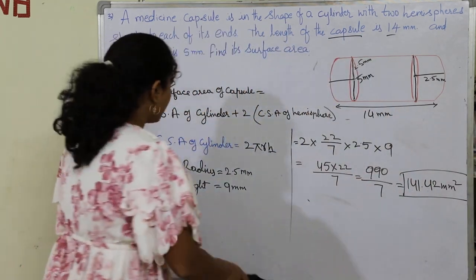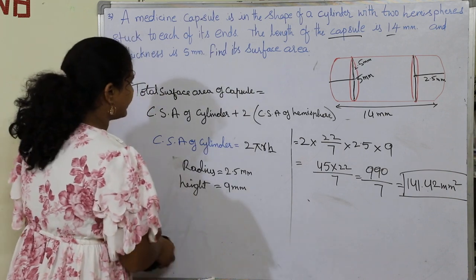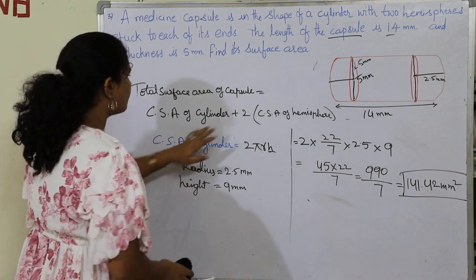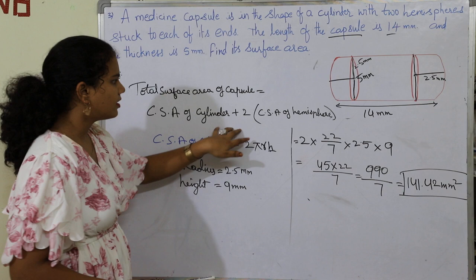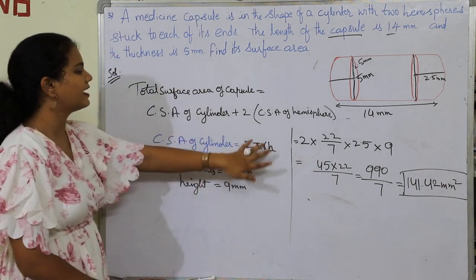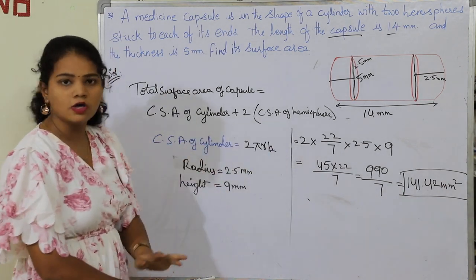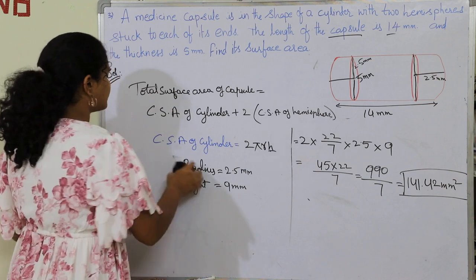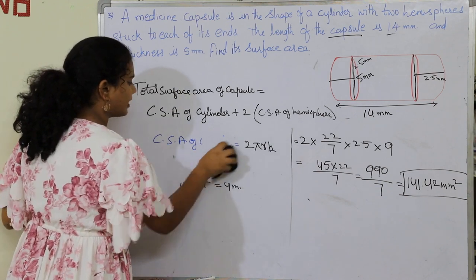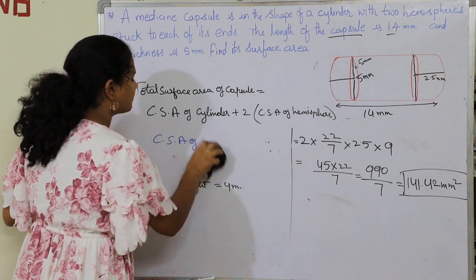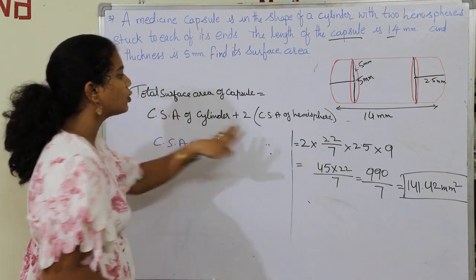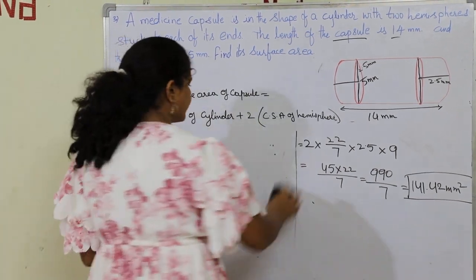Now we got the curved surface area of the cylinder. Here we need to find the curved surface area of the hemisphere. By finding the curved surface area of a hemisphere, I can say 2 into CSA of hemisphere.